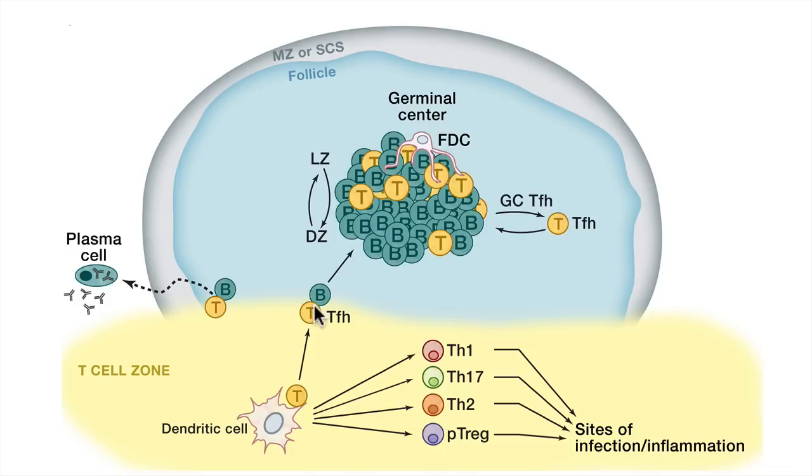And what's known about this is that B cells are an abundant source of ICOS ligand, and TFH cells require ICOS and ICOS ligand for their differentiation. And indeed, ICOS ligand deficient humans have serious defects in their ability to mount appropriate immune responses as a result.